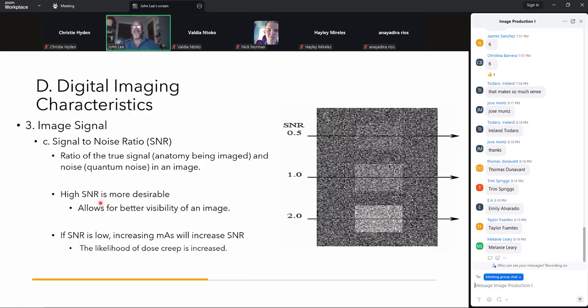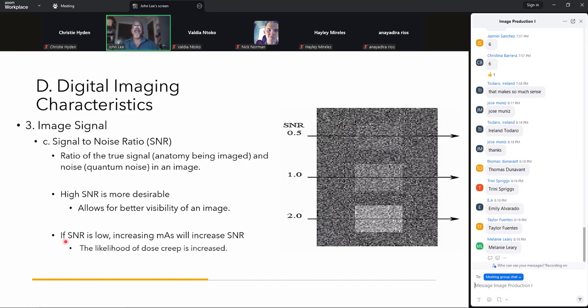The higher the signal to noise ratio, the better the visibility is going to be. Our television camera tubes that we used in fluoro gave us about a 200 to 1. Our digital flat panels give us about 1,000 to 1 signal to noise ratio. So we are obviously able to use less radiation, but the technology is such that we get a much better image with the same amount of radiation.